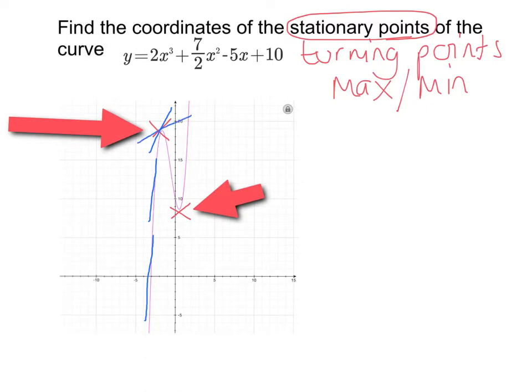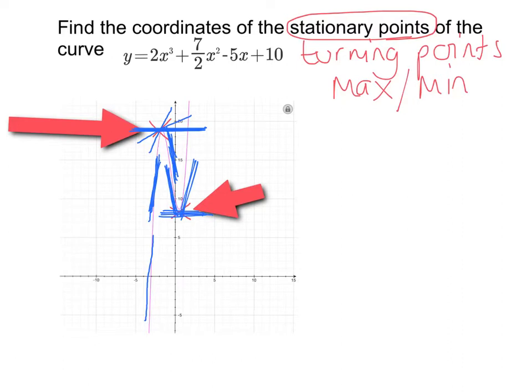The gradient of the tangent as it goes around the curve has now turned from positive to negative, and hence it's called a turning point. The gradient of the tangent is negative, and as I move around this turning point, it changes from negative to positive. So that's why it's called a turning point, because the gradient of the tangent is changing. It's going positive, positive, negative, negative, positive, positive.